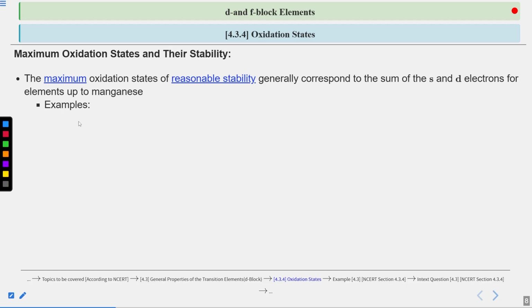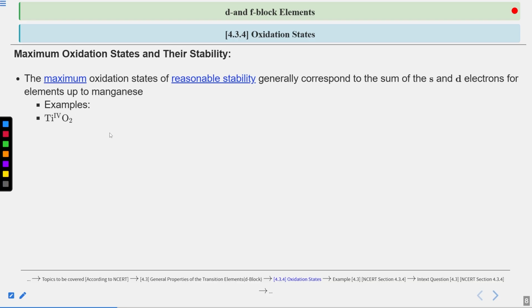For example, titanium dioxide. Here Ti exists in the +4 oxidation state, which is the maximum oxidation state shown by titanium, and it is also stable compared to its other oxidation states.